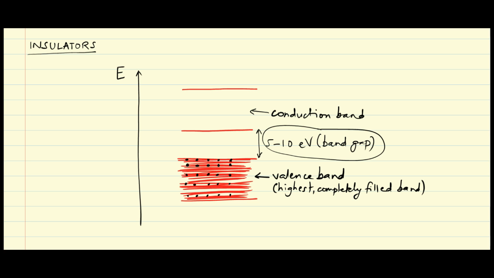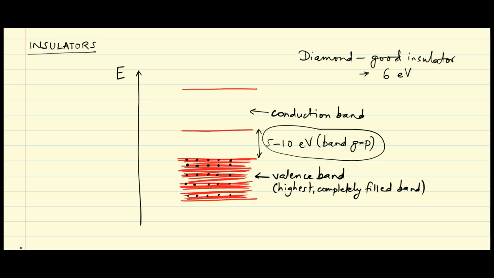The reason basically lies in the nature of the energy bands. Just to give you a practical example, diamond is a good example of an insulator, and the band gap of diamond is approximately equal to 6 electron volts.